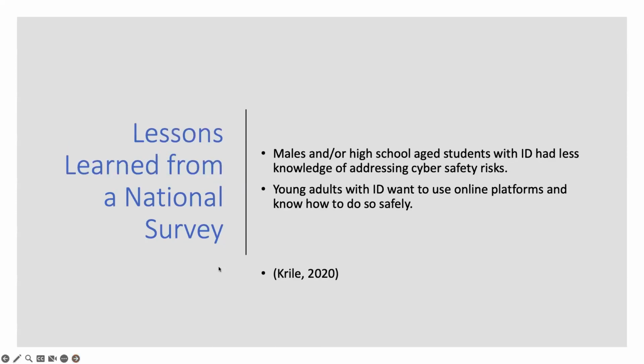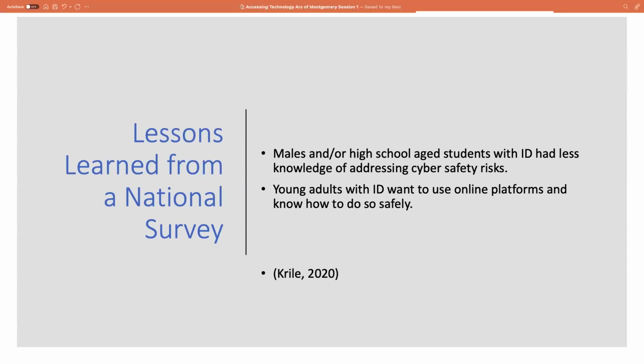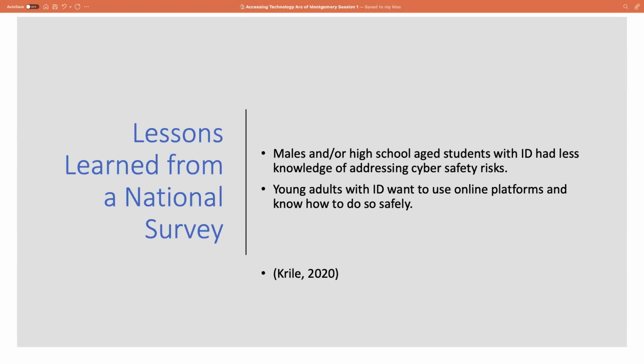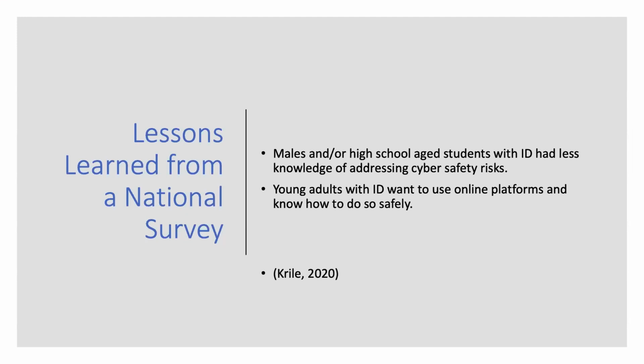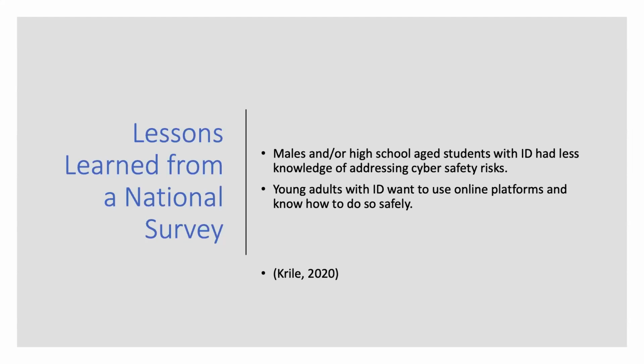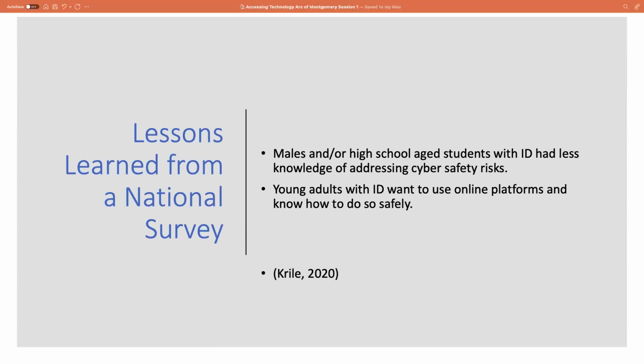What I find fascinating is that those who were younger, the 13 to 18-year-old group, and males of all ages, have less knowledge of what to do when a cyber safety online danger is presented to them. If you think about that, we tend to talk to females more about predators and cyberbullying. We see them as more vulnerable, so the males don't tend to get that as much.